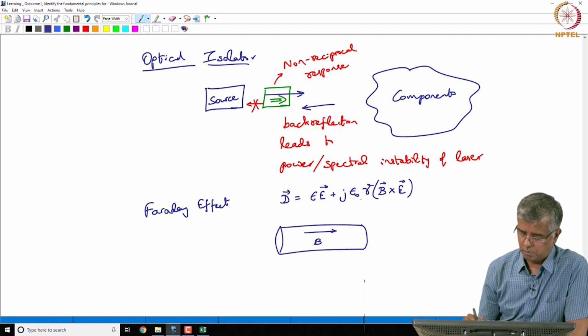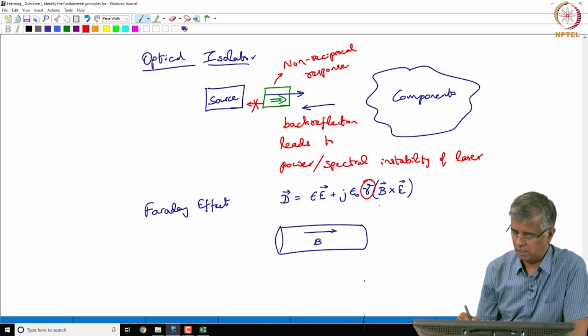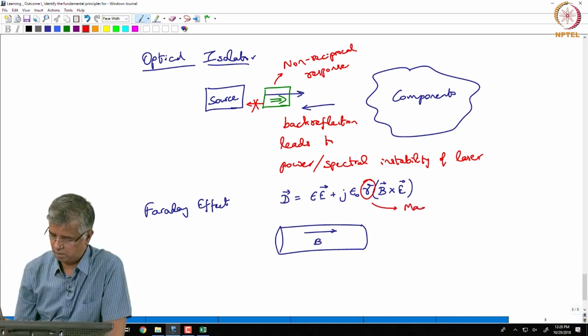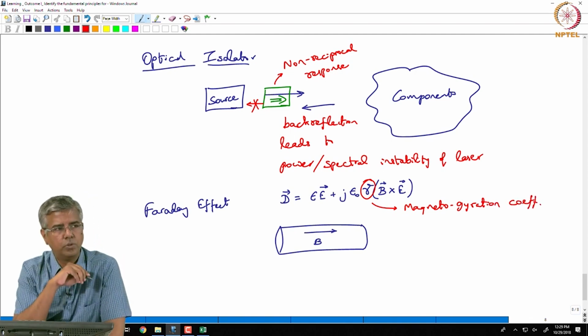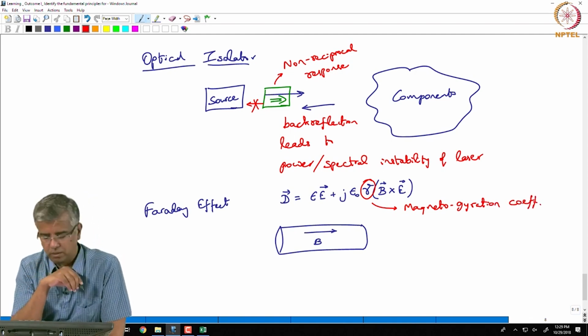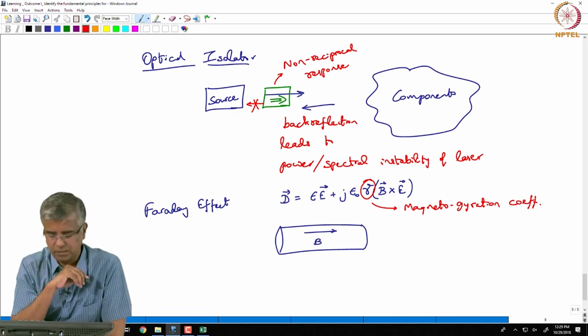So, through this magneto-gyration coefficient, this gamma is called the magneto-gyration coefficient, you have a gyration of the light polarization.